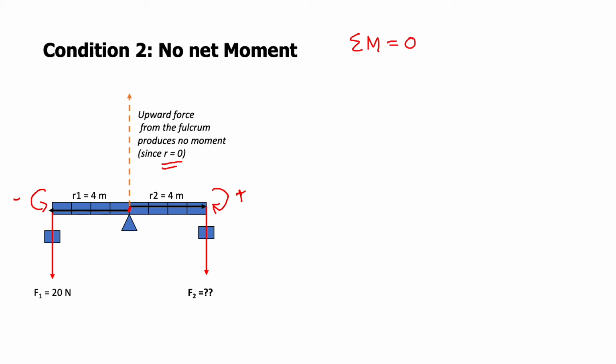Again, we have two moments here, the moment produced by F2 and the moment produced by F1. So moment 2 is positive since it's clockwise, and then we subtract the moment produced by F1, which is M1. Again, it's negative since it's counterclockwise, and that would be equal to 0. Therefore, we can say that M2 must be equal to M1.